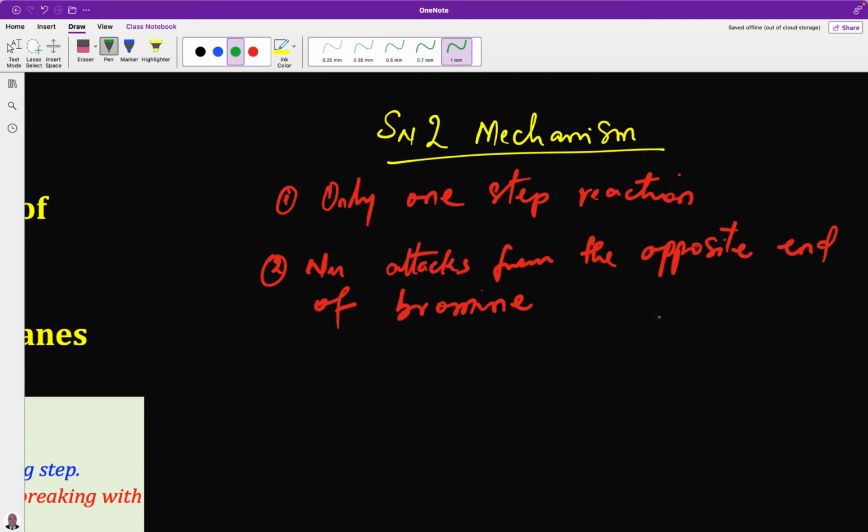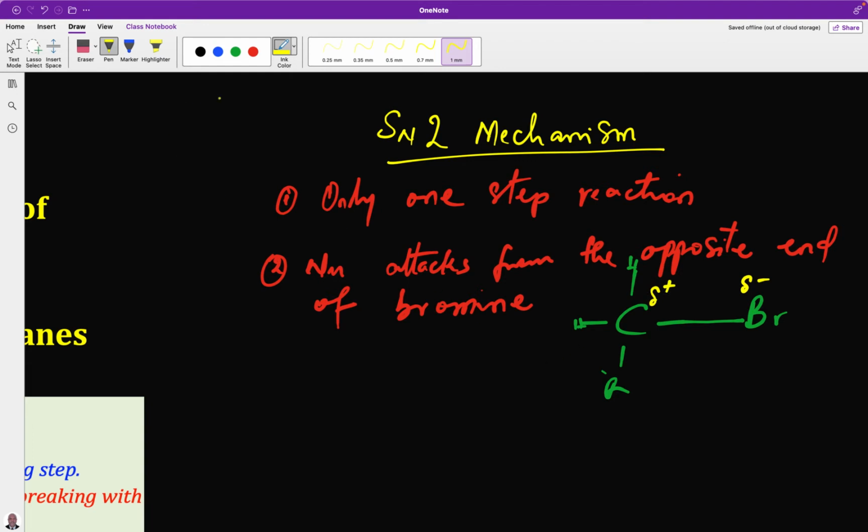In this mechanism, we have carbon and bromine. Let's say this hydrogen or something like that. So what happens is, this is a polar molecule.